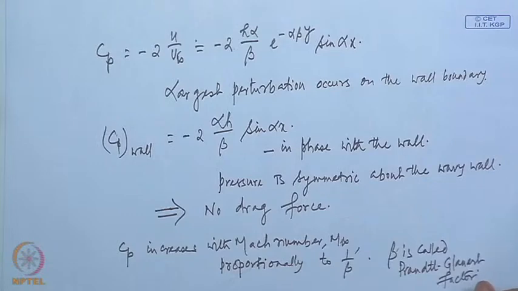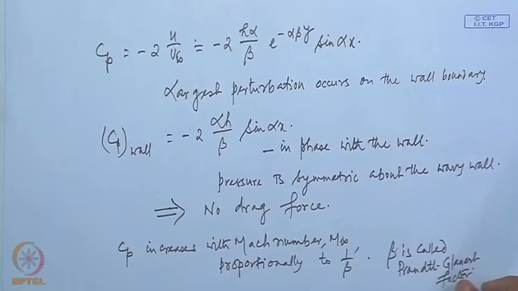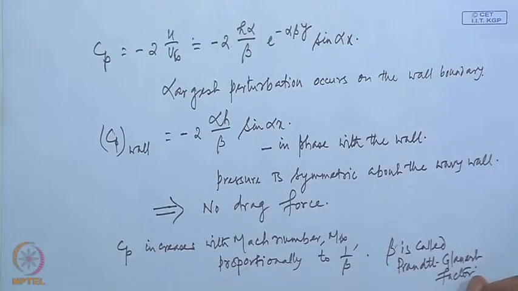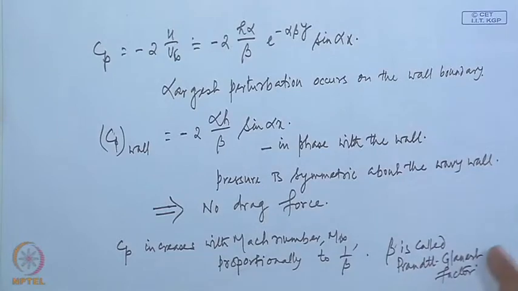Also, we see that the perturbation velocities and pressure have an attenuation, that is, as we go away from the wall, as y increases, the perturbation velocity and the pressure coefficient decrease.